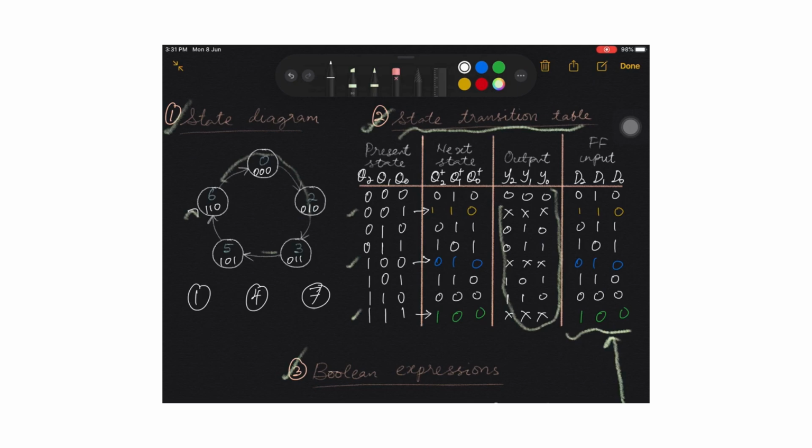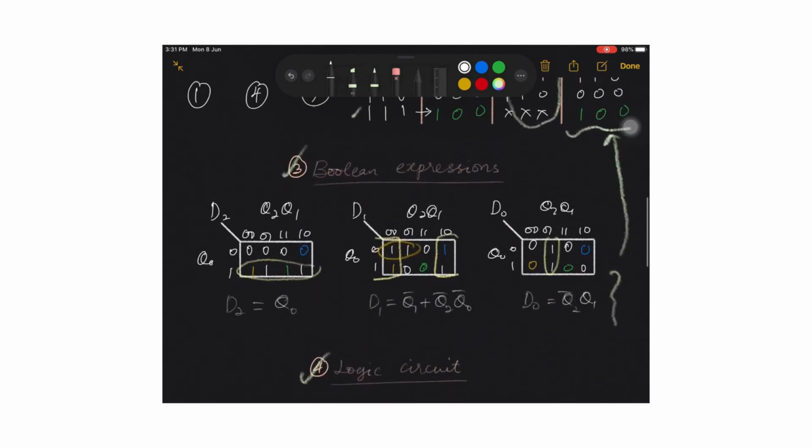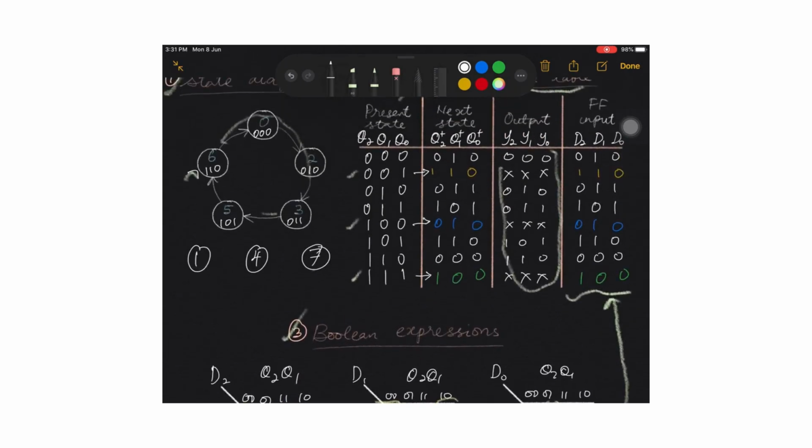For example, after doing the reverse engineering procedure, if we figure out that 1 goes to 4, 4 goes to 7, and 7 goes back to 1, and then repeats among themselves, in this case the counter is non-self-starting, which requires a reset to force it to start at one of the used states.